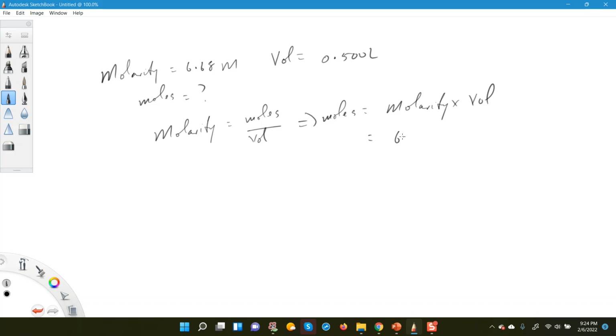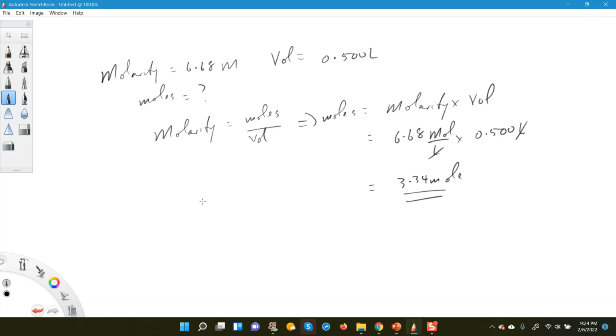The molarity is 6.68 moles per liter, times 0.500 liters. So the final answer will become 3.34 moles. And that's how we do the A part of that question.